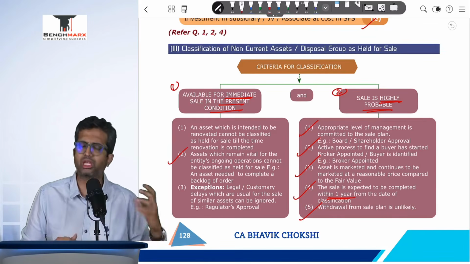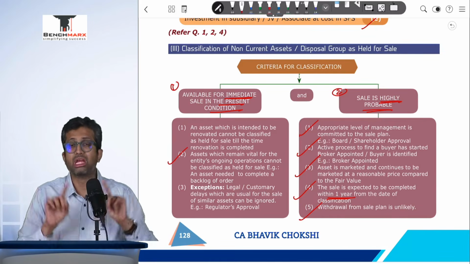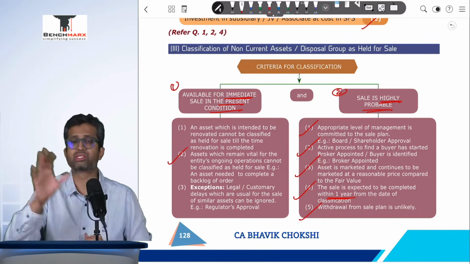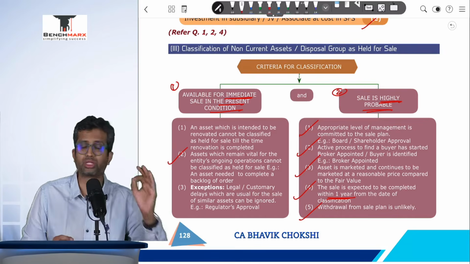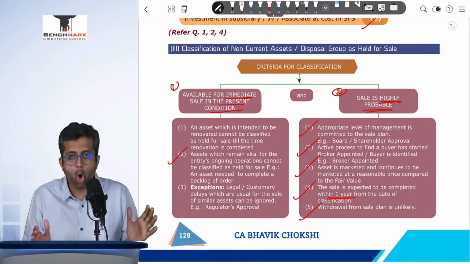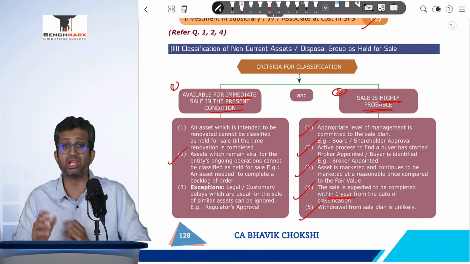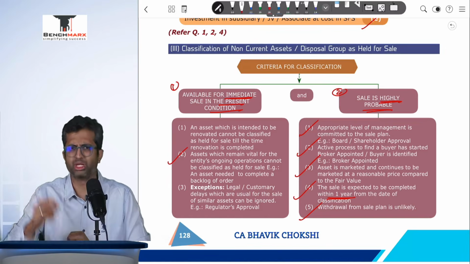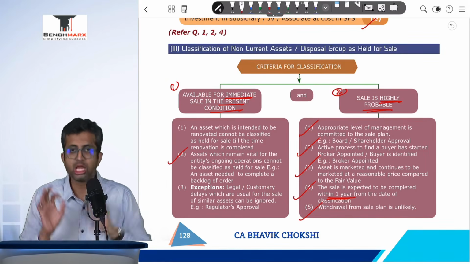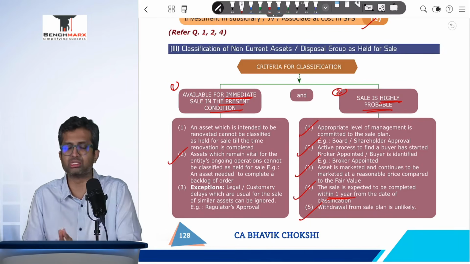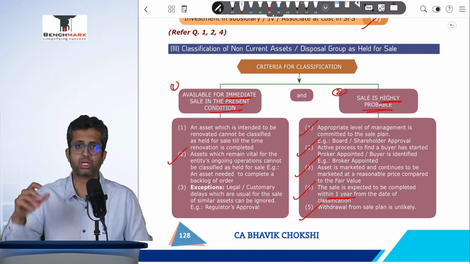These are usual delays which are customary, and hence in such a case we can say that such delays can be ignored. So over here, if the asset is available for immediate sale but it is subject to regulatory approval, or it is subject to certain customary due diligence or notice periods, then the asset can still be classified as available for immediate sale, because these are legal or customary delays which can be ignored.